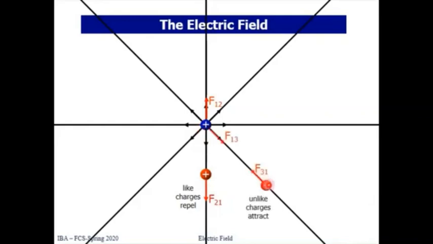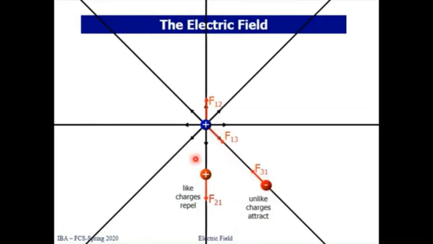In the second scenario, if we bring a negative charge into the vicinity of this source charge, again a force is exerted on this negative charge through the electrostatic field of the positive charge. Because unlike charges attract each other, if we allow this charge to move from this point, it moves toward the positive charge.